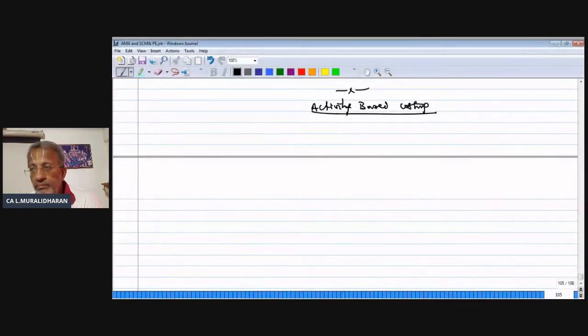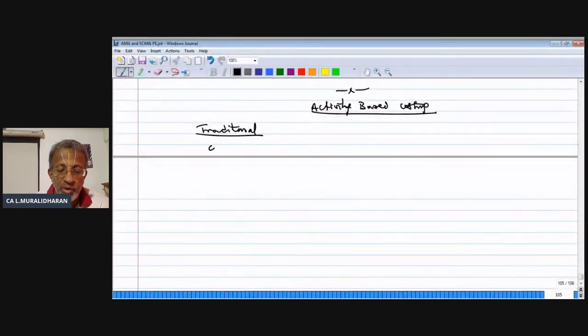Those 5 steps are: firstly we have to collect, then we have to classify, then we have to allocate, then we have to apportion, and lastly absorption. There were 5 steps in the traditional system.